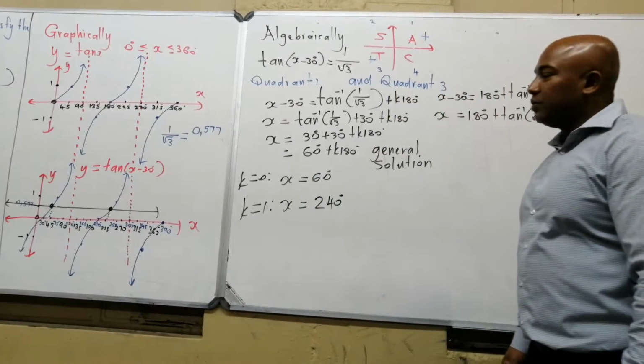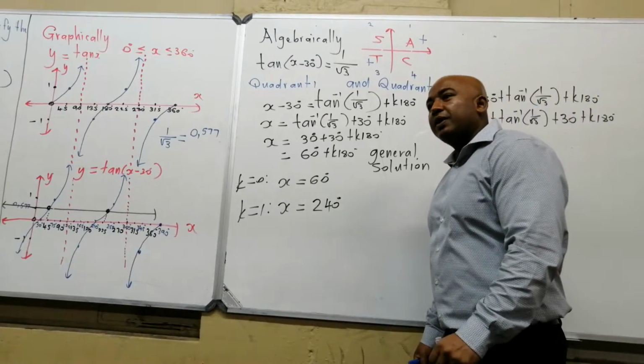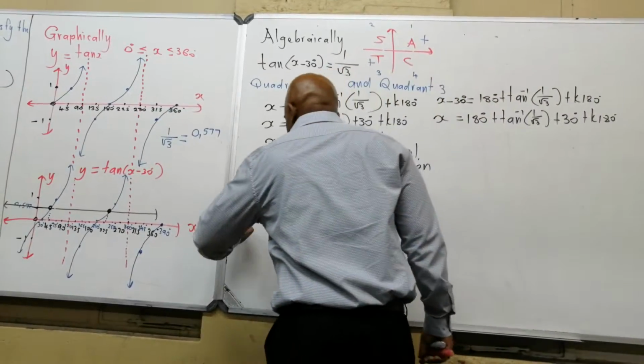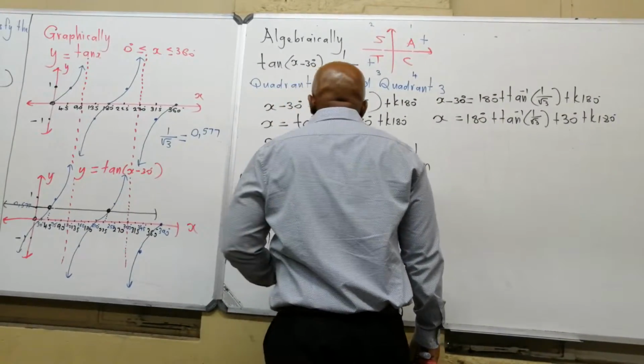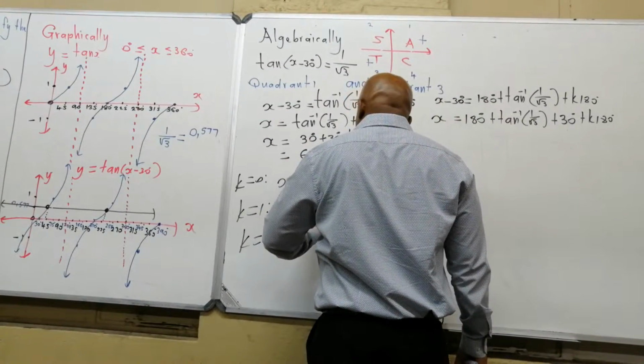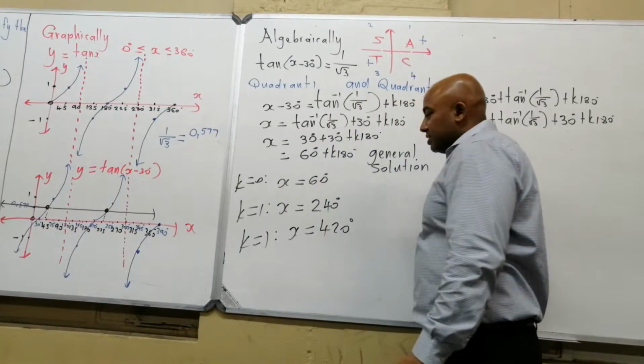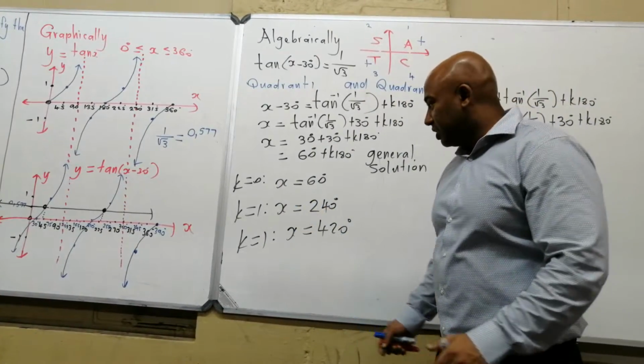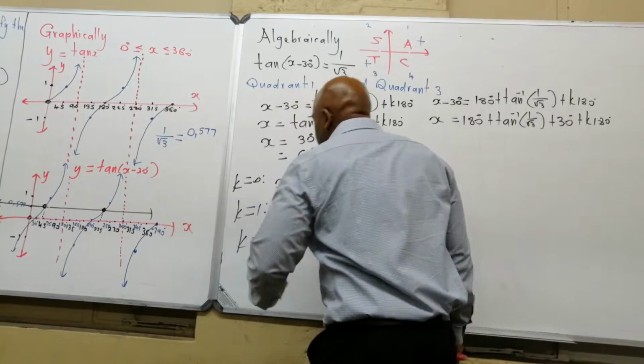Okay. If I put k equal to 2, what will I get now? That will be 360 plus 60, which is going to be 420 degrees. Sorry, this one k was equal to 2.